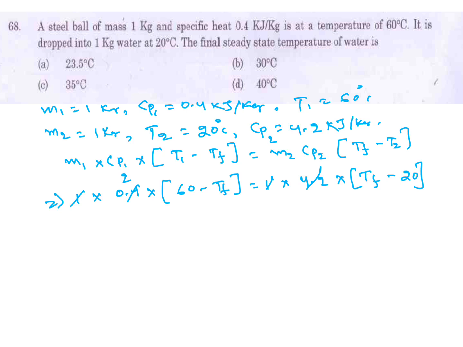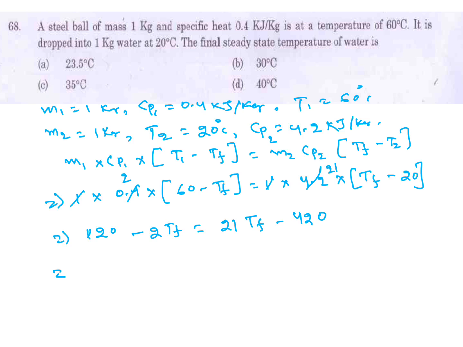Here 21, so it's 120 minus 2 Tf equal to 21 Tf minus 20 into 21, it's 420.